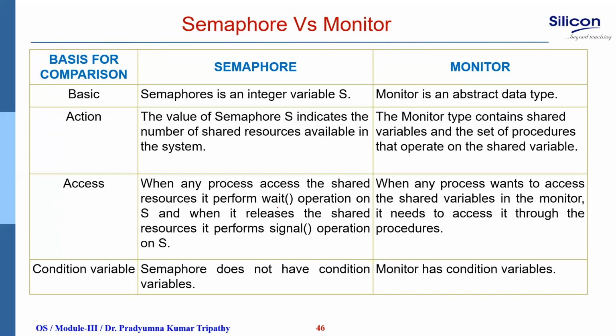But in a monitor, the monitor type contains shared variables and the set of procedures that operate on the shared variables. So in the monitor type, you have some variables and some procedures, and those are bound together. For a semaphore, when any process accesses the shared resource, it performs a wait operation on S, and when it releases the shared resource, it performs the signal operation.